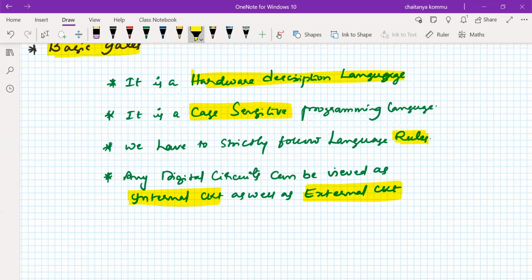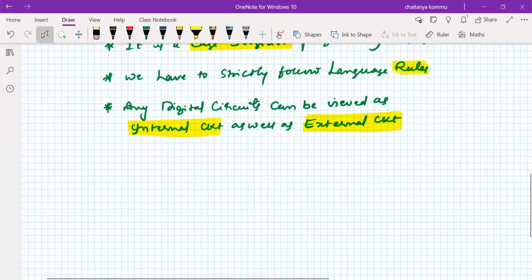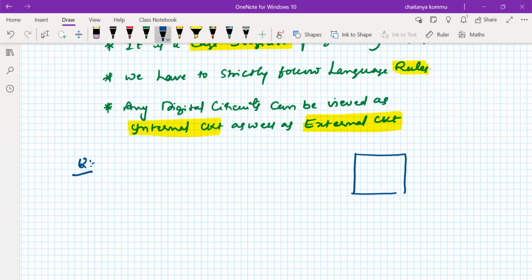Let us see now a simple circuit. For example, how do we understand this point? I have a circuit something like this, a digital circuit having two input signals and one output signal. I'll take a bigger one.